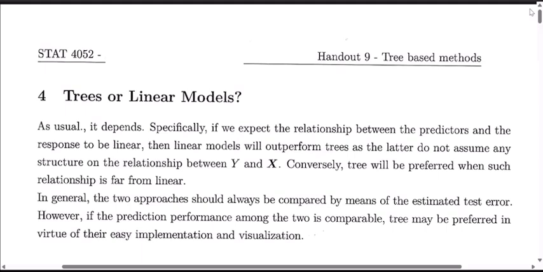Now, when we do that, we have to be careful because we want to have fewer splits. More splits will make that tree overgrown with so many leaves. When a tree is overgrown with so many leaves, that creates room for the problem of overfitting.